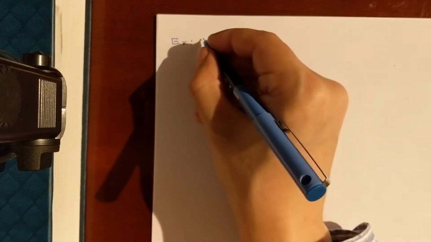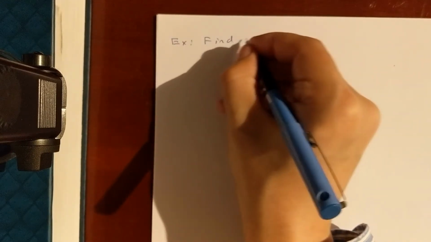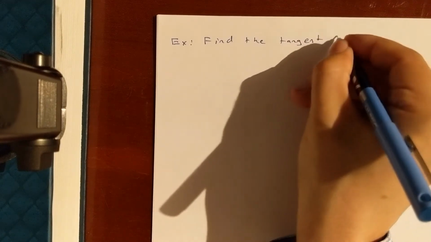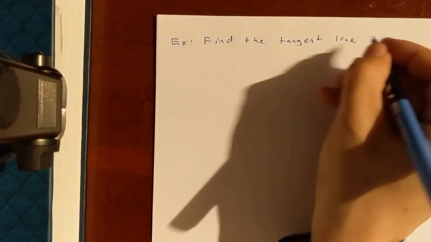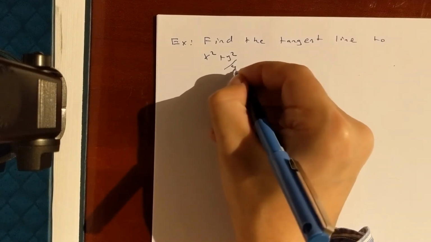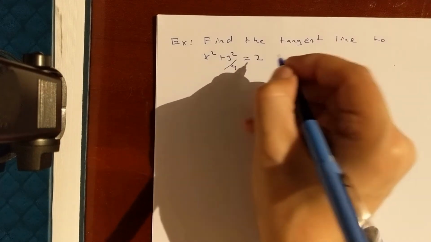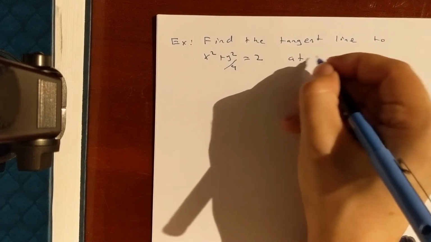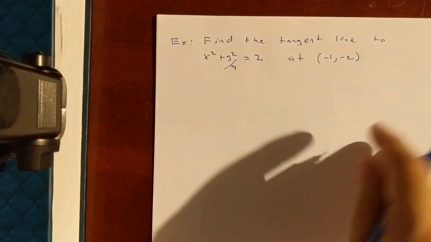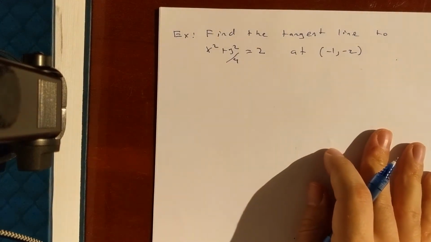Let's find the tangent line to x squared plus y squared over 4 equals 2 at -1, 2.